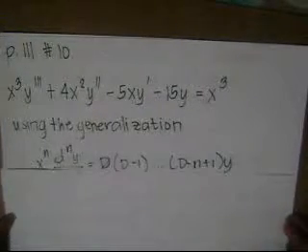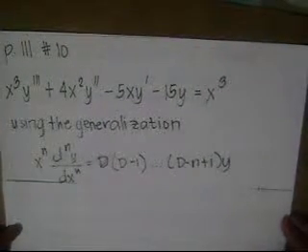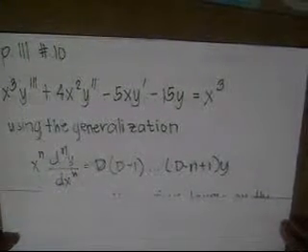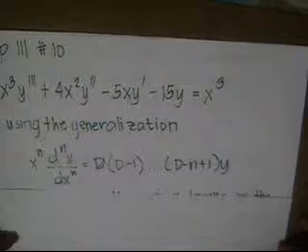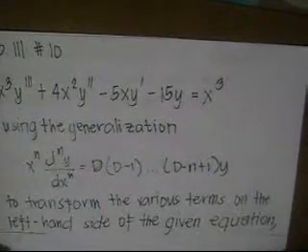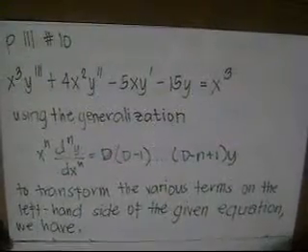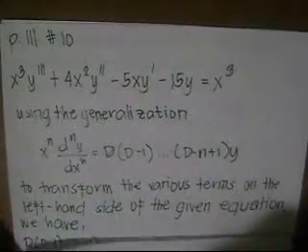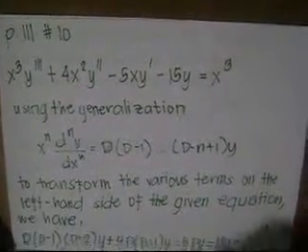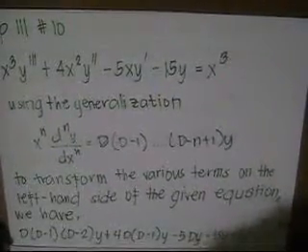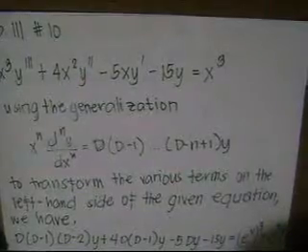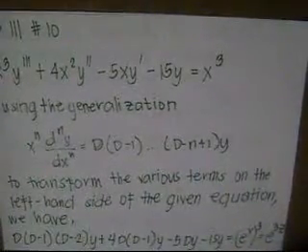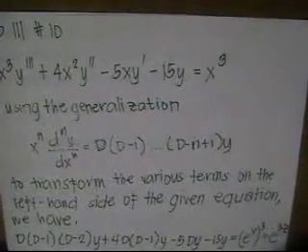Now, using the generalization, x^n d^n y/dx^n = D(D-1)...(D-n+1)y, to transform the various terms on the left hand side of the given equation, we have D(D-1)(D-2)y + 4D(D-1)y - 5Dy - 15y = e^(3z).